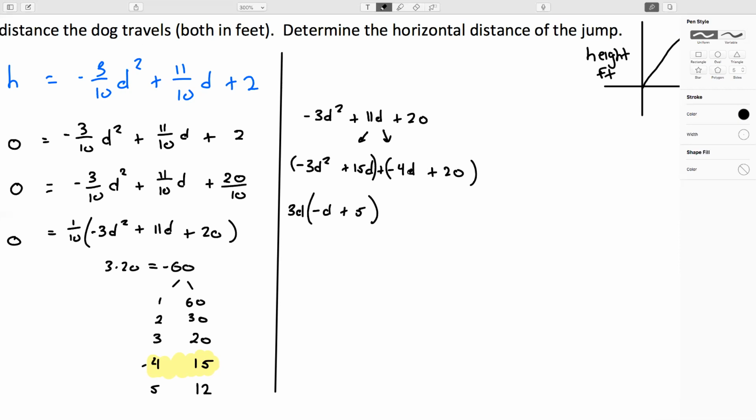We can pull out a 4 from the other set of brackets. So we go plus 4, and this will become negative d plus 5. At this point, the brackets equal the same thing, so we can factor this into 3d plus 4 times negative d plus 5, and technically this all does have to equal 0.